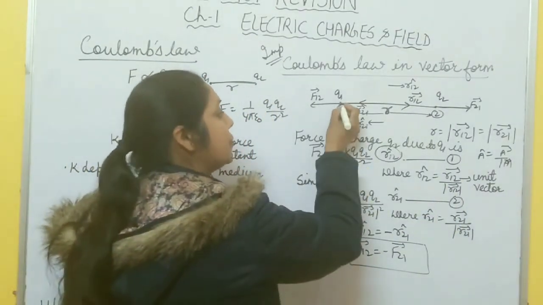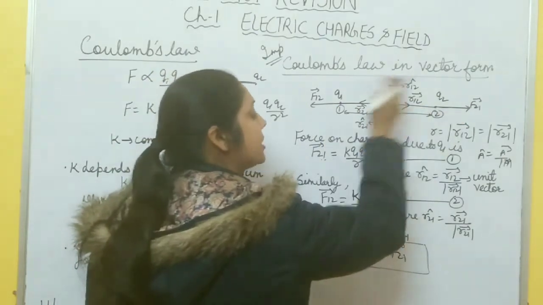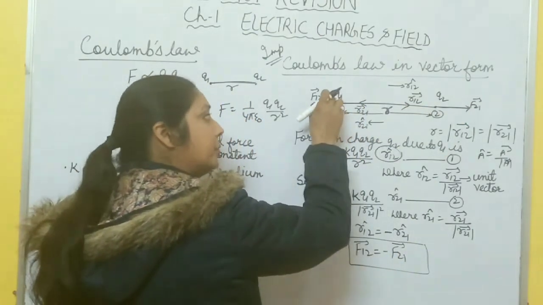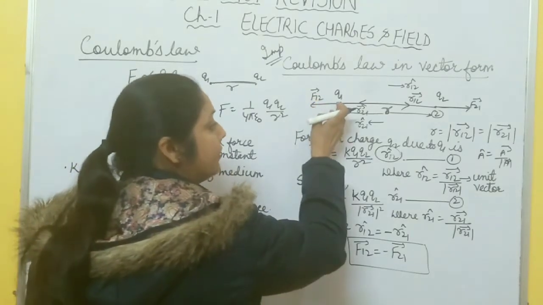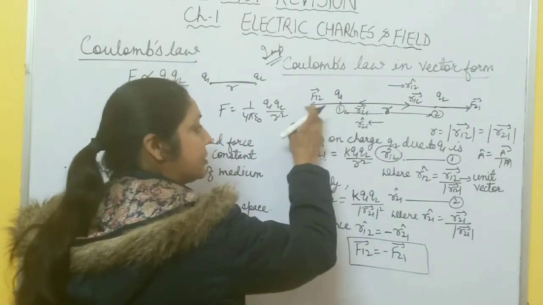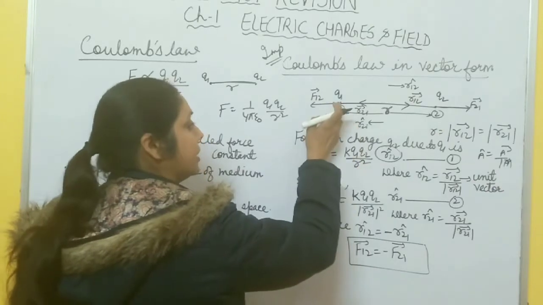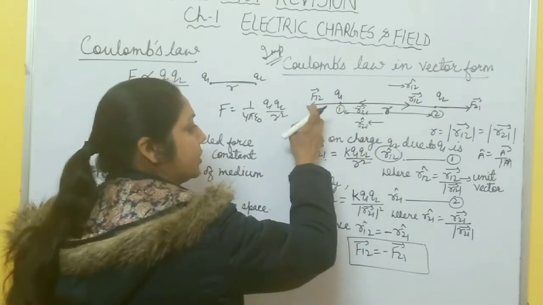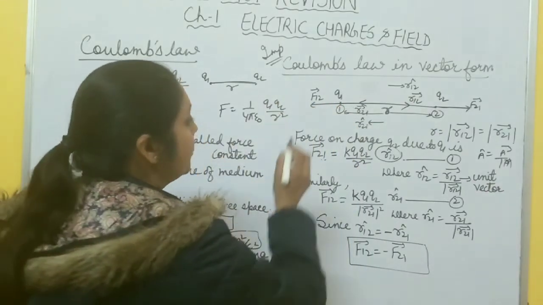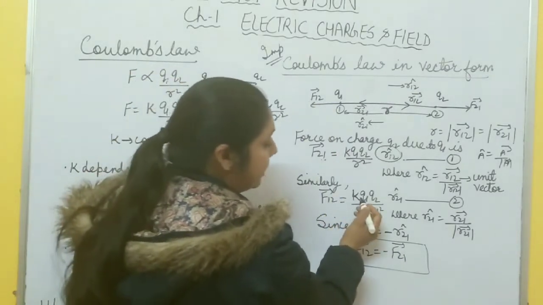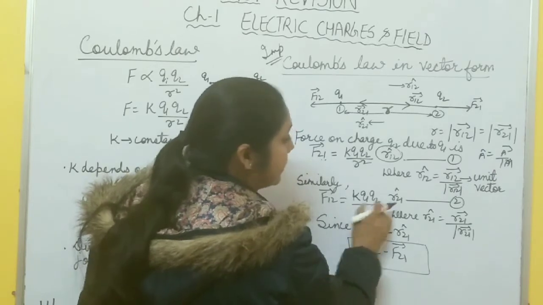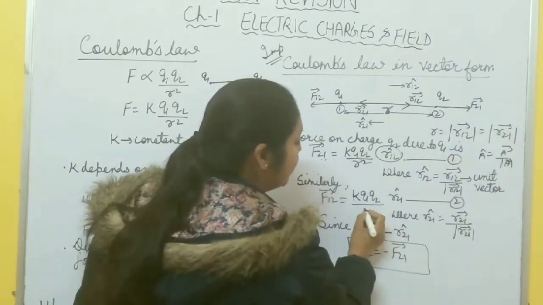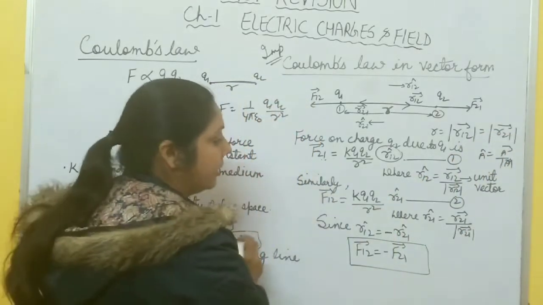Similarly, the force on this Q1 due to this Q2, F12, is always along the line joining the two charges, away from this one if both are positive or negative charges. So the direction of force is along this one, right? So the force on 1 due to 2 is given by K Q1 Q2, and again the magnitude of R21 is also equal to R, so you can write R square here.